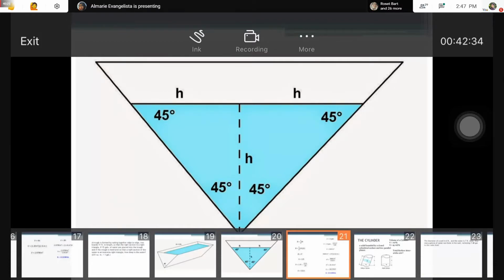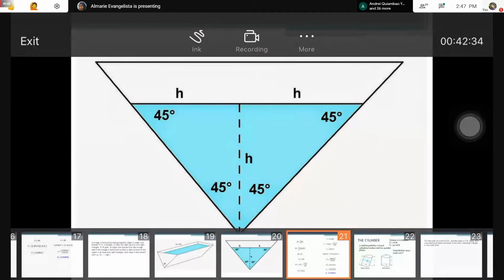After the area, we proceed to the volume. The formula for volume is area of the base times height, right?